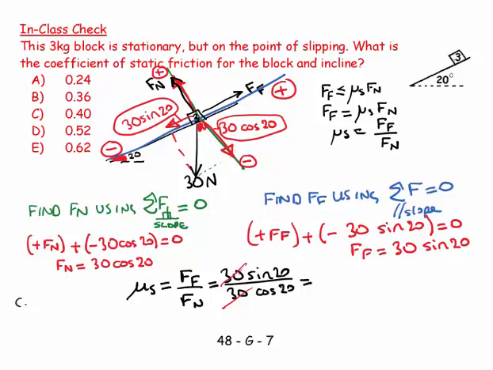and I have a sine 20 over a cosine 20, an opposite over the hypotenuse divided by the adjacent over the hypotenuse, which gives me an opposite over an adjacent, which equals tan 20.